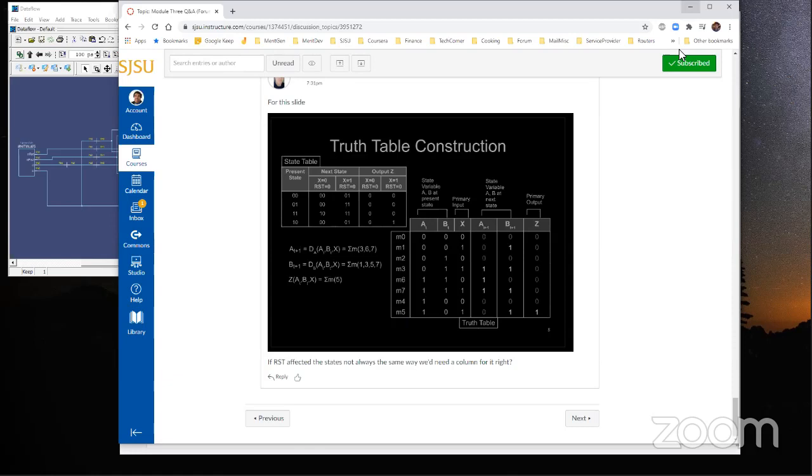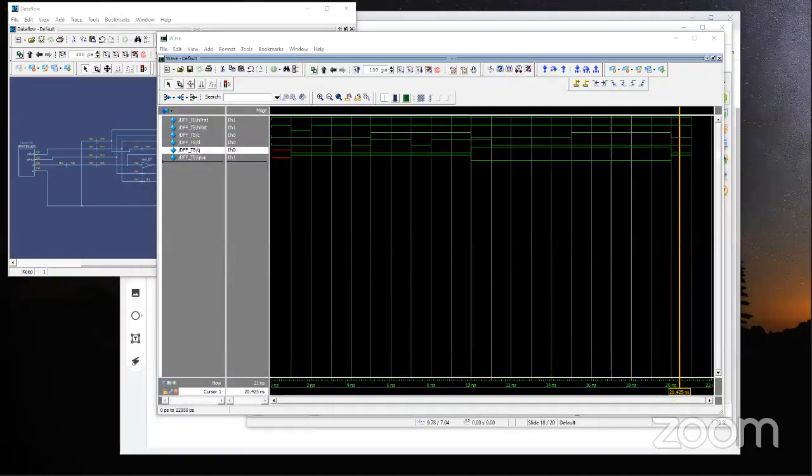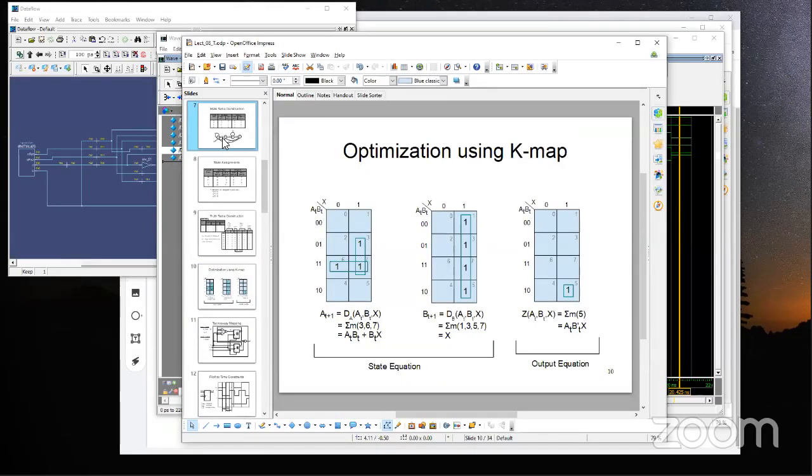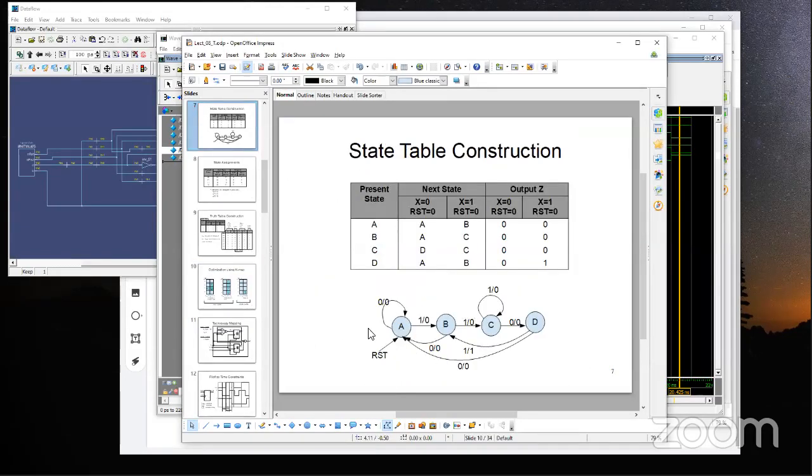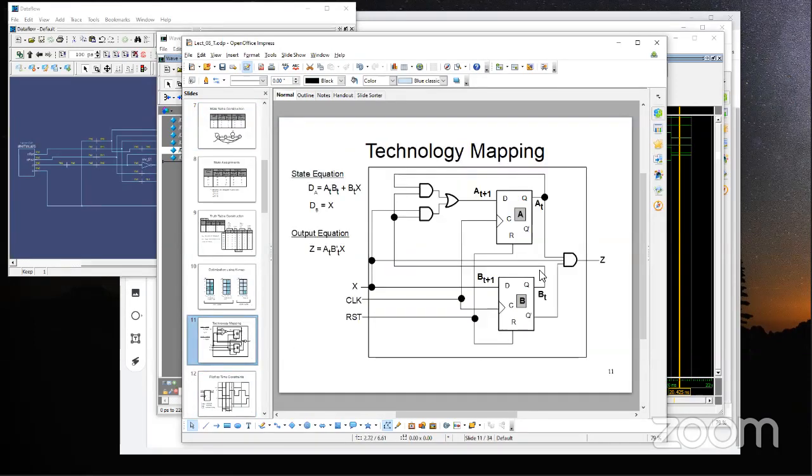Okay, but that problem actually is an interesting problem. We basically try to make this state diagram for that given sequence recognizer 1101, and we implemented that after a series of K-map transformation and optimization.